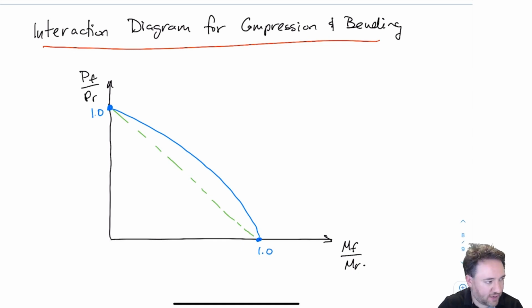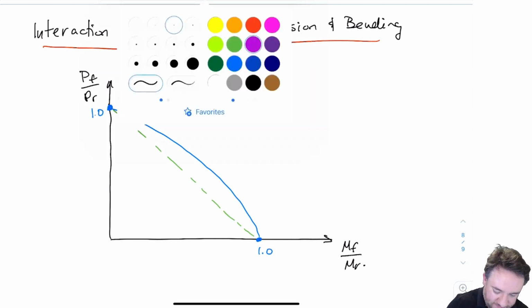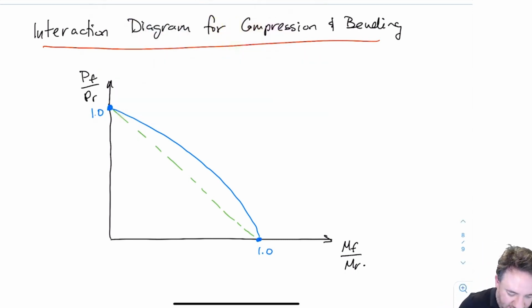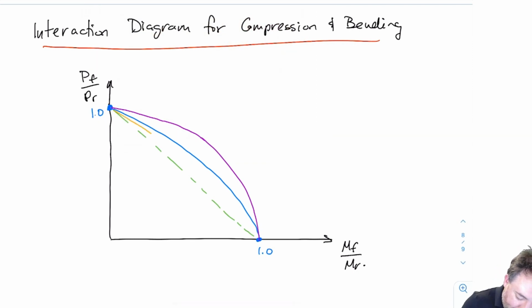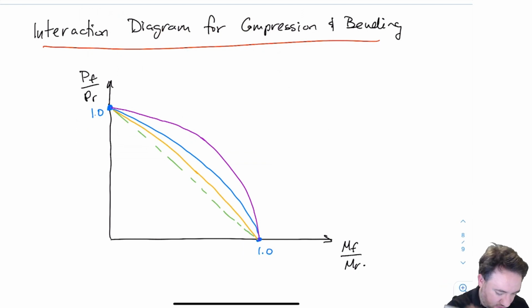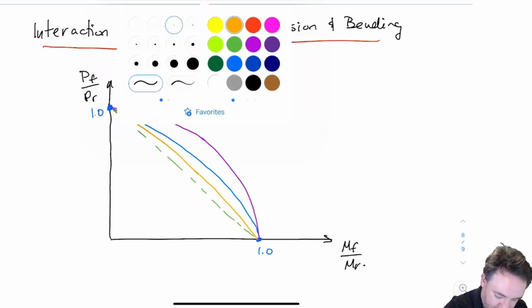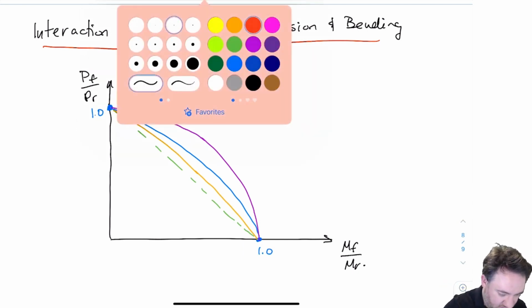So basically the bowing out is because of PF over PR squared, and the amplification term is going to change that effect. So let's say that if I have a really low PF over PE, then I might have a curve that looks something like this. And then as my PF over PE increases, my moment amplification increases, and I get closer and closer to this linear interaction curve that we saw before.